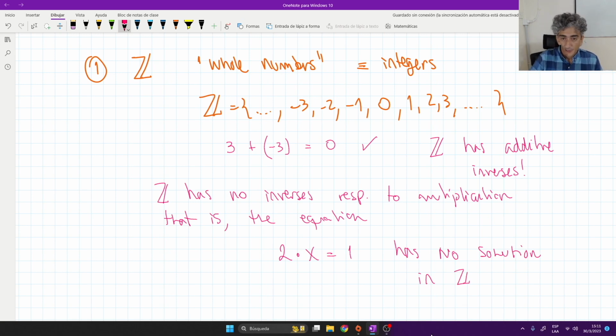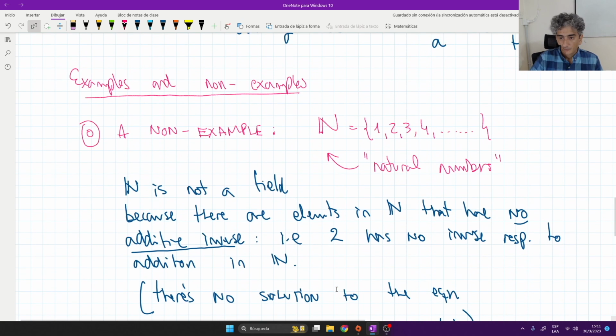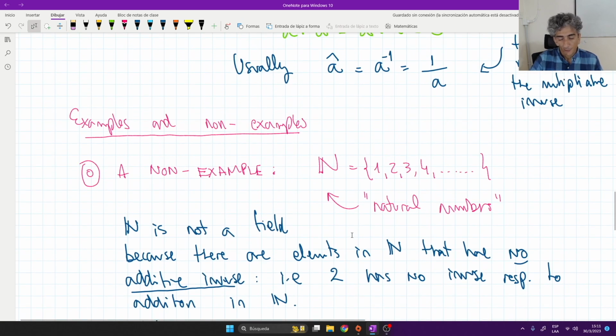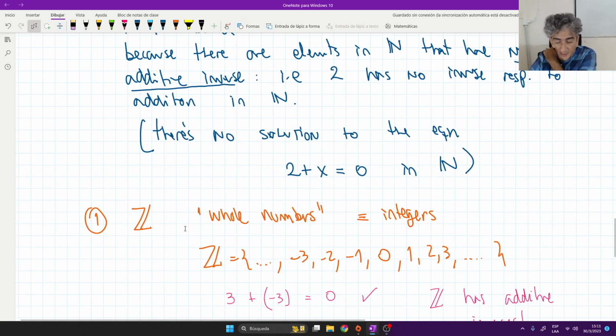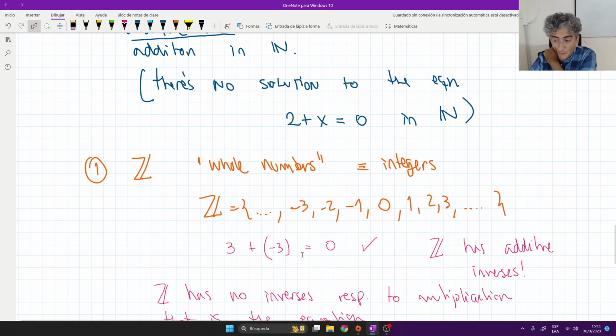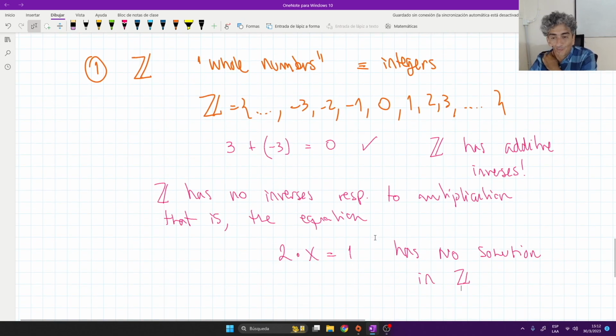So the natural numbers are not a field. They do not form a field because we don't have an additive neutral element. Z has all the additive inverses, has a neutral element which is 0, but has no multiplicative inverses. So it cannot be a field.